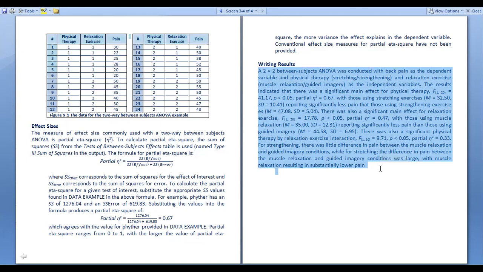I will be sharing the SPSS file for this example plus the notes which detail everything. And I would request you to go through this video again and again, just to understand how two-way ANOVA is conducted.